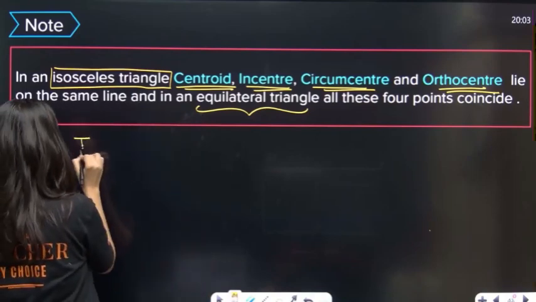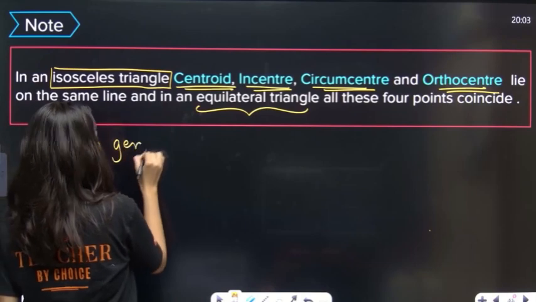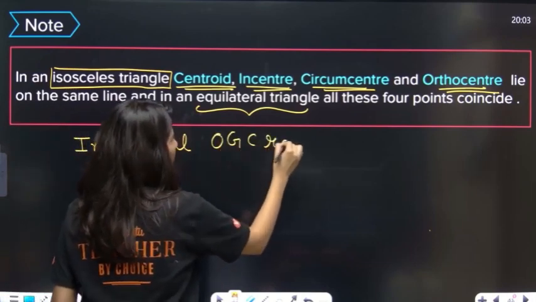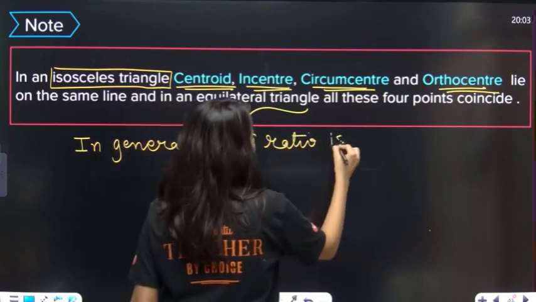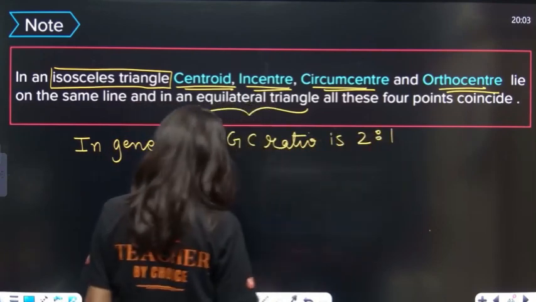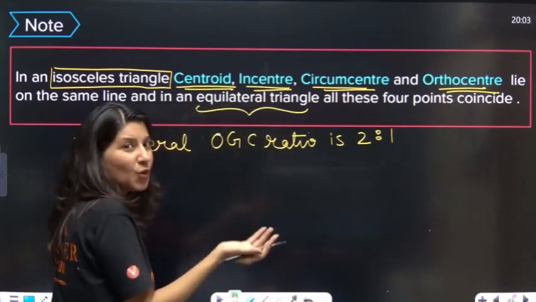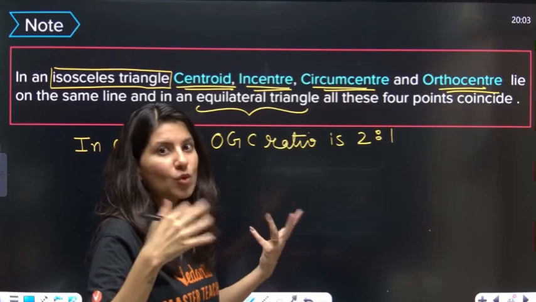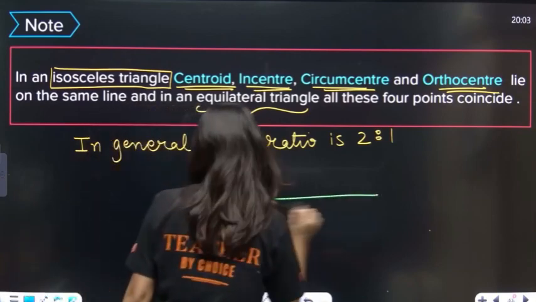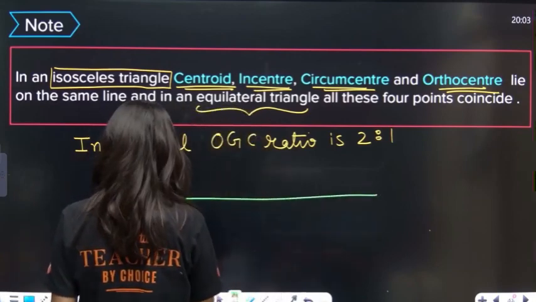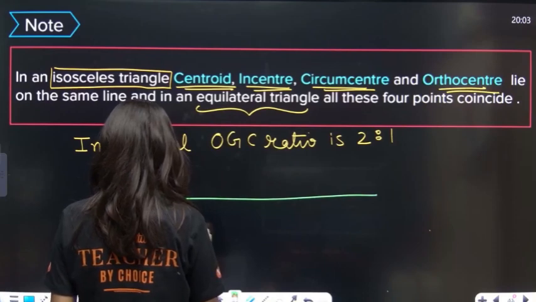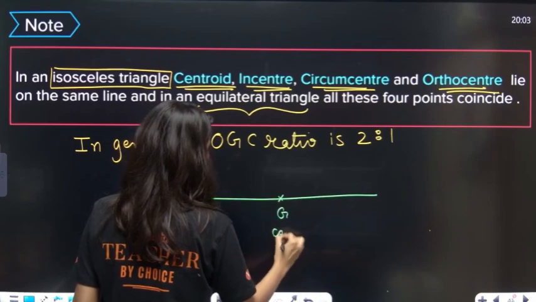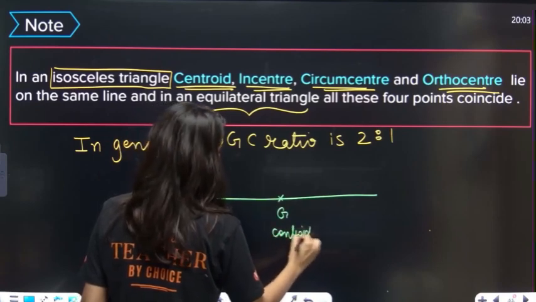Okay, one more very important thing. In general, the OGC ratio is 2:1. Now, what is OGC ratio? OG, such a Gen Z term, OGC, okay? So O over here is orthocenter. G over here, as you all know, denotes centroid.